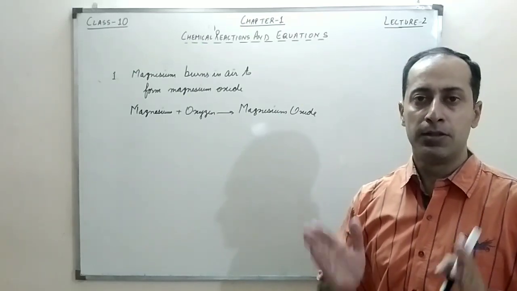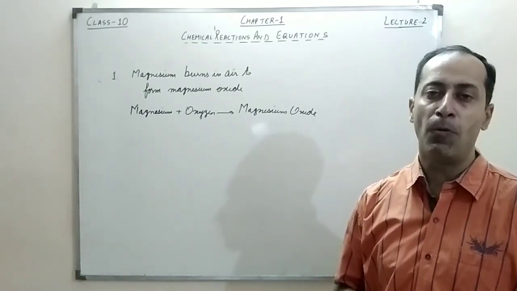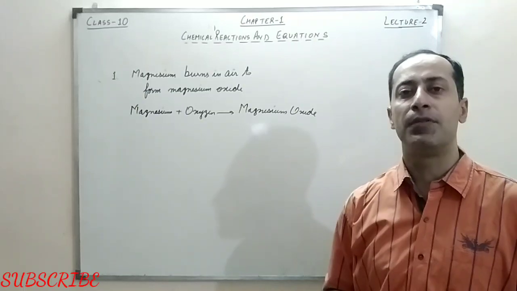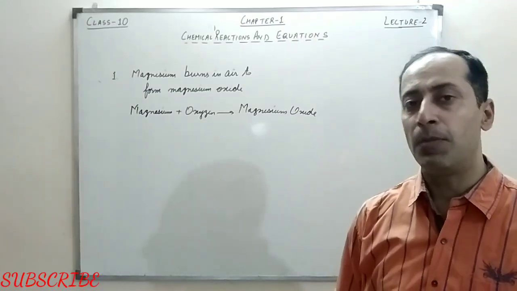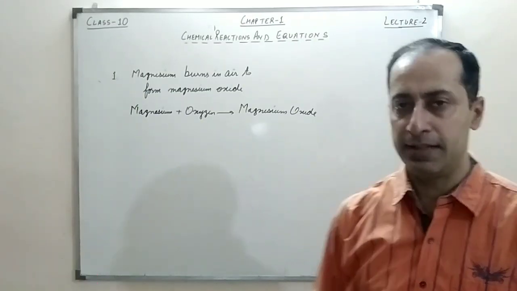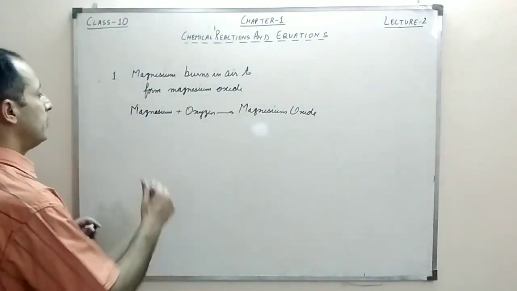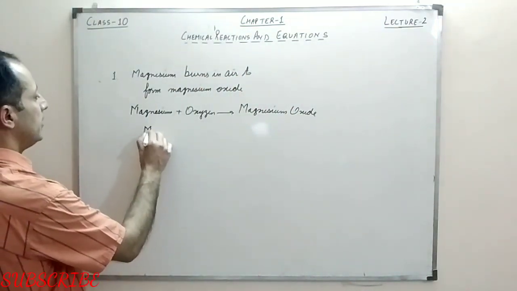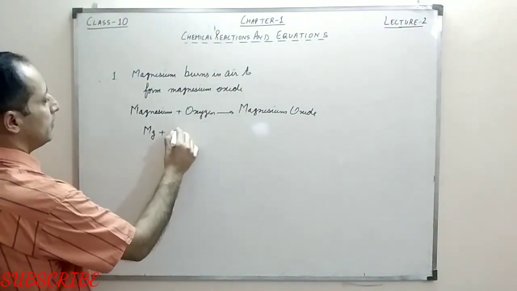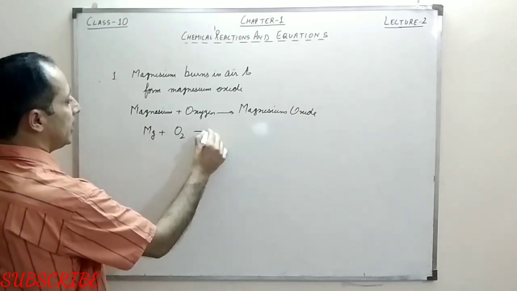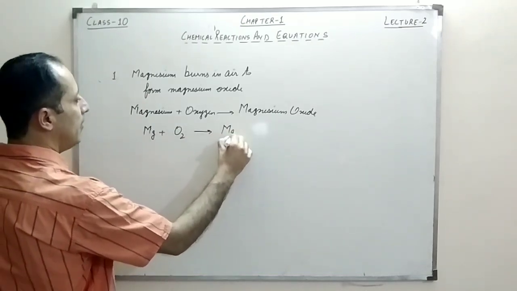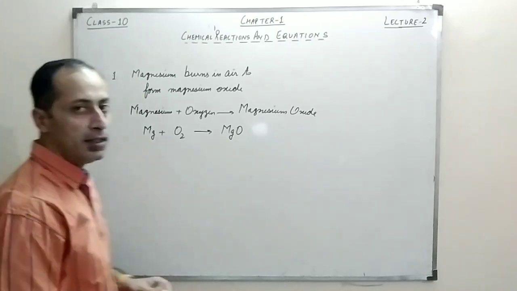To shorten it again, we can write these things in the form of symbols, right? Let's see how we can write that. The symbol of magnesium is Mg, plus the symbol of oxygen is O2, and whatever is formed is MgO. Right dear friends?